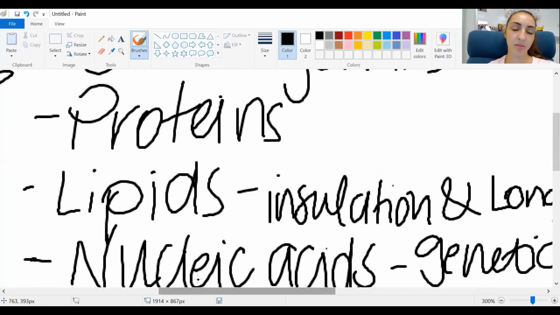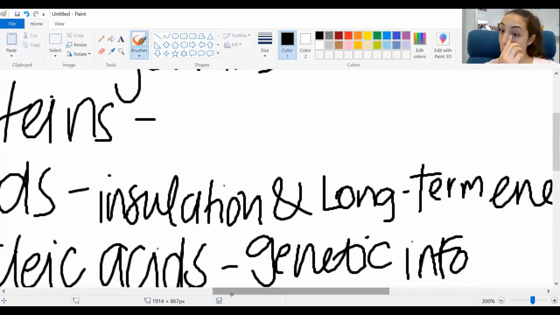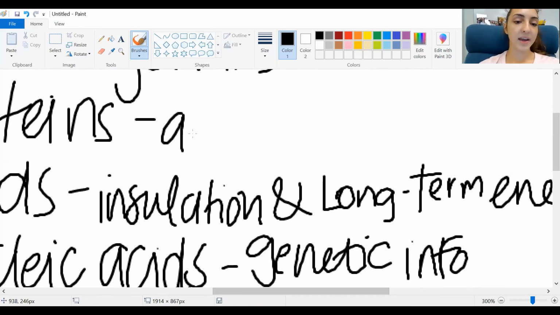Okay. Proteins are going to be found throughout the cell, okay? And they are going to aid the cell in cell function.